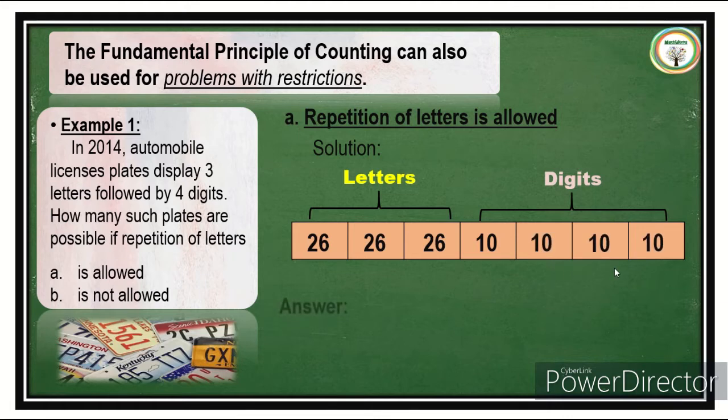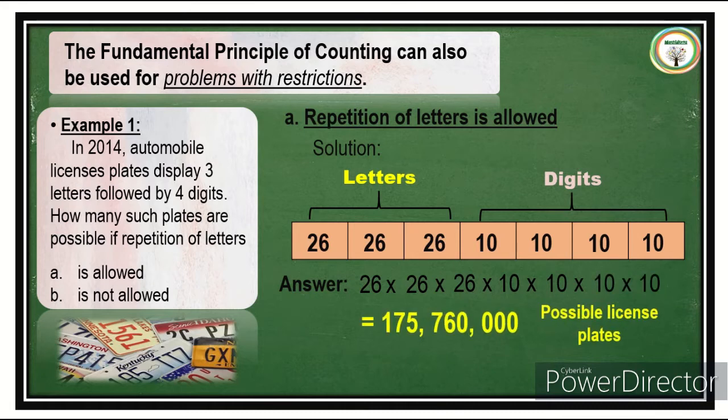Therefore, we have 26 times 26 times 26 times 10 times 10 times 10 times 10. So our answer is 175,760,000 possible license plates if repetition of letters is allowed.